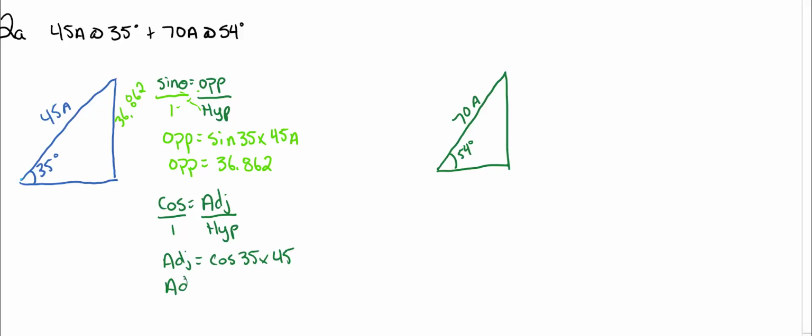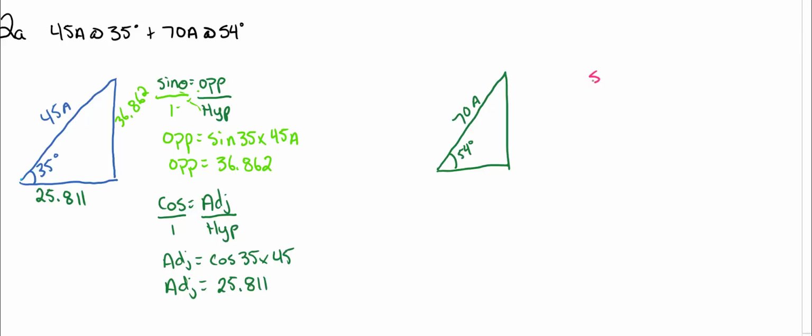The adjacent would be equal to 25.811. Write that down. 25.811. Just clean that up a little bit. 36.862. Fantastic. Same procedure for the second triangle.